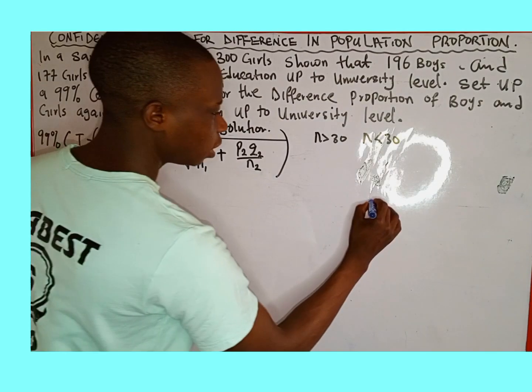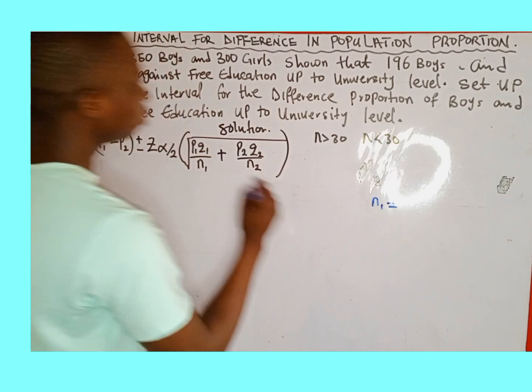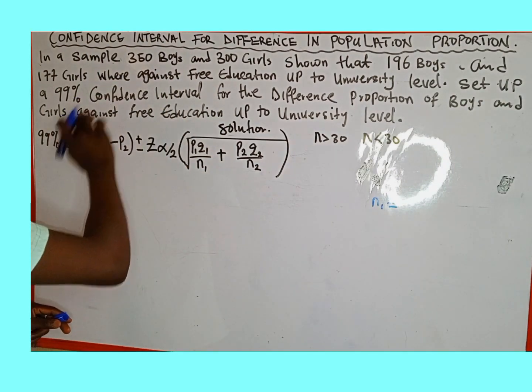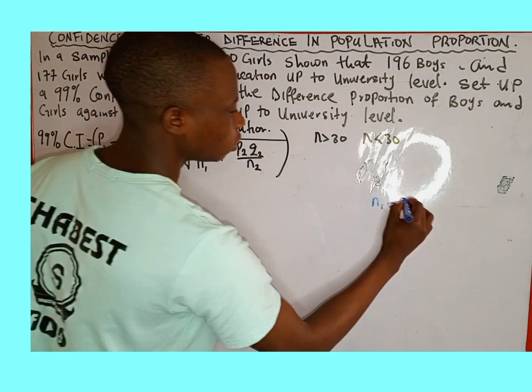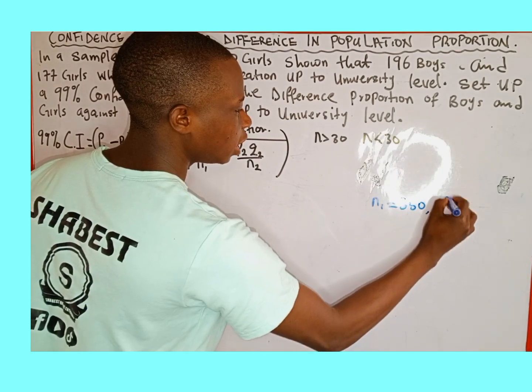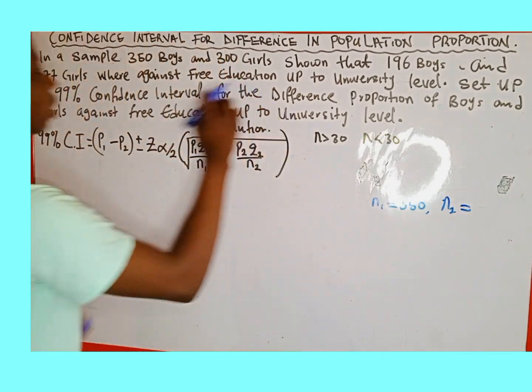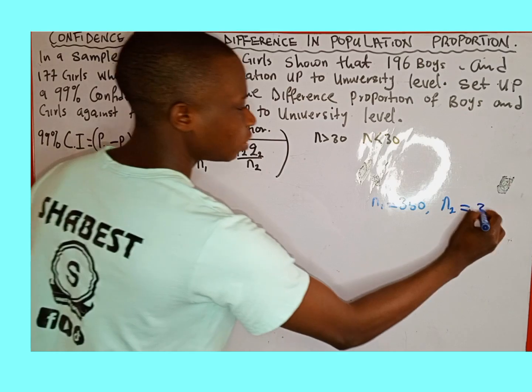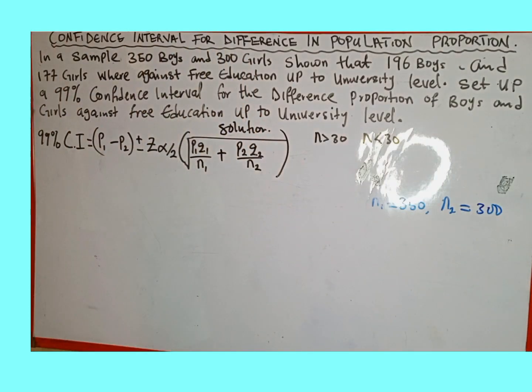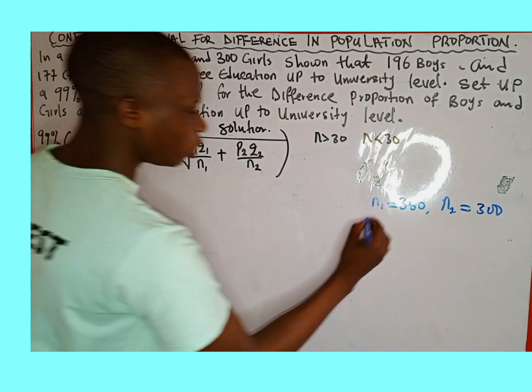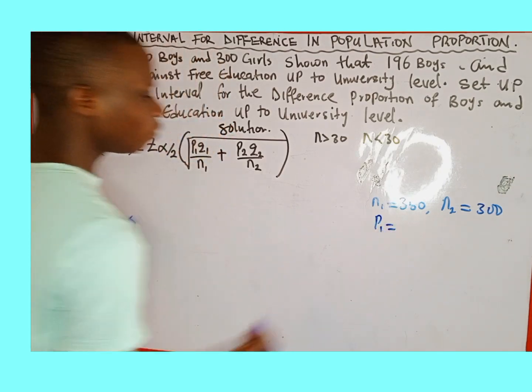So from the question, N1 is equal to what? N1 is the sample of boys, which is 350. Then N2 is the sample of girls, which is what? 300 girls. So this is N1 and N2. Now the next thing is to get our P1, which is the proportion for the boys.